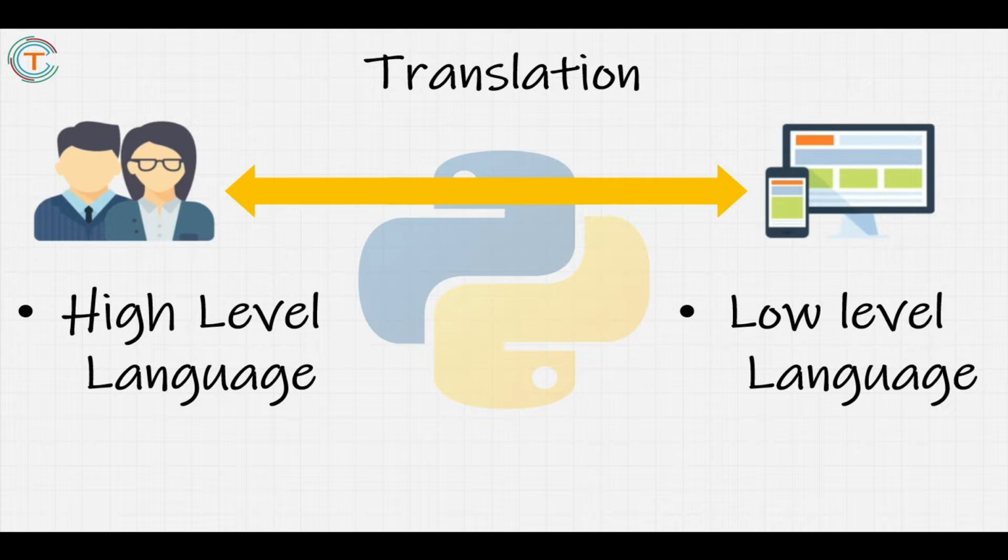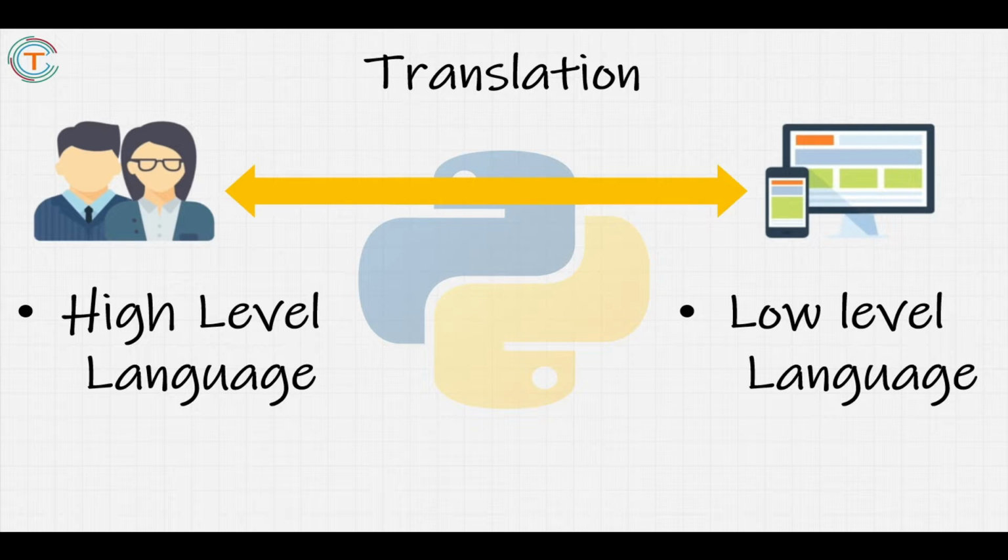As we know, there are two types of programming languages: high level languages and low level languages. High level languages are those which are near to humans, or easily understandable by humans. Then on the other hand, we have low level languages that are not commonly understandable by humans, but are easily understandable by machines or our computers.